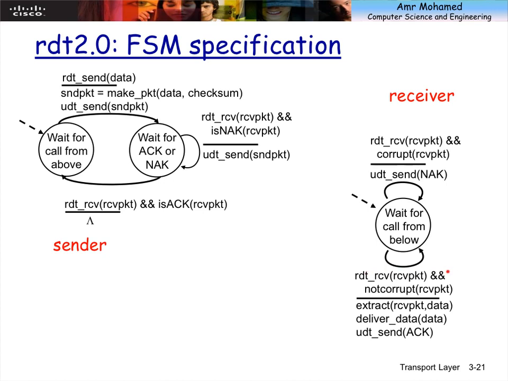No, because if it arrives and there is no error with it, I need to do two things. I need to deliver it to the application and send positive acknowledgement. Because it arrives error-free, I can deliver it correctly to the application. And also, the sender is waiting for verification that this has arrived with no error. So I need to send an acknowledgement.